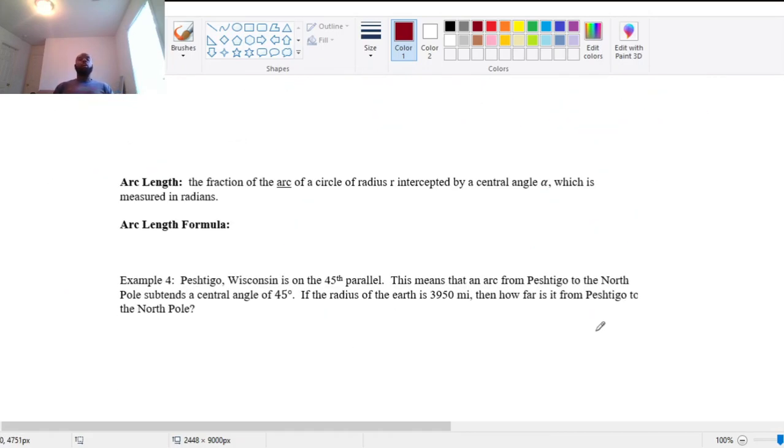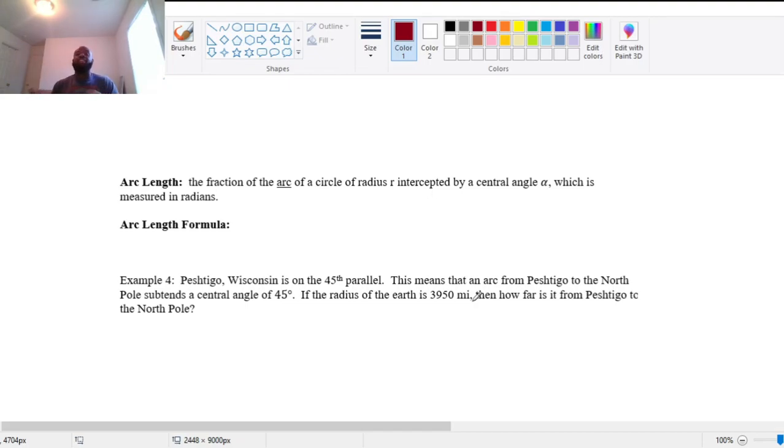The last thing we want to talk about is arc length, right? Your arc length is a fraction of the circle, of the arc of a circle of radius r that's intersected by a central angle, which is measured in radians, right? So radians was the arc length of the intersected arc when your unit circle is the circle that you have your central angle in, right?